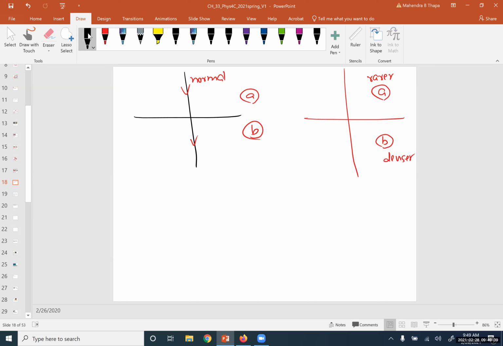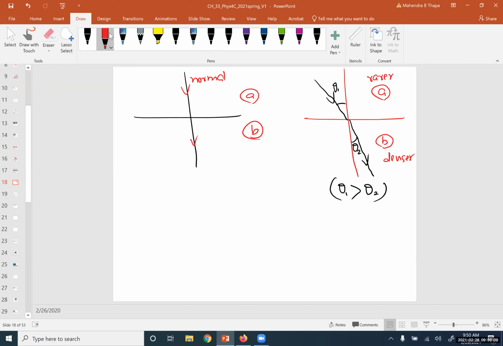If light passes from the rarer to the denser, it bends towards the normal. So in this case, theta 1 is greater than theta 2, because light travels from the rarer medium to the denser medium.